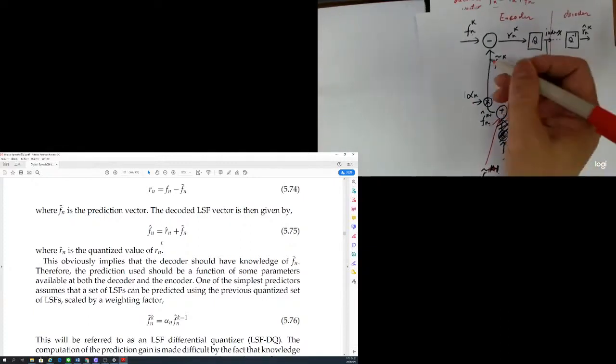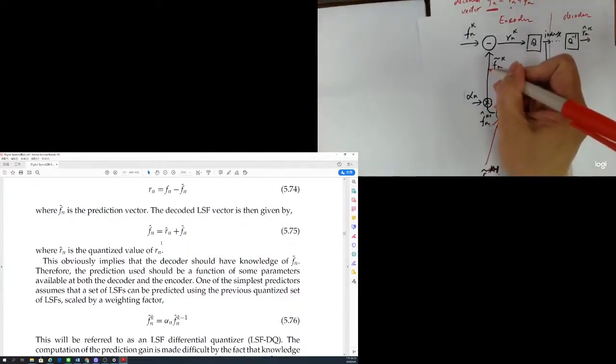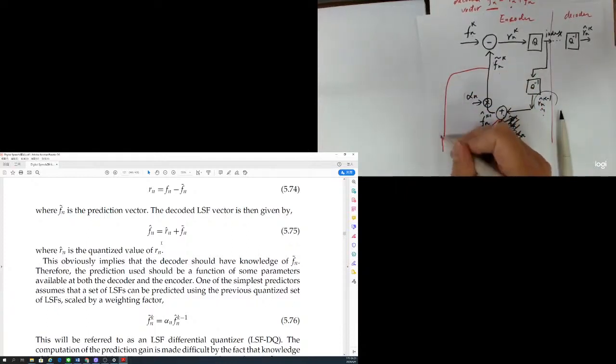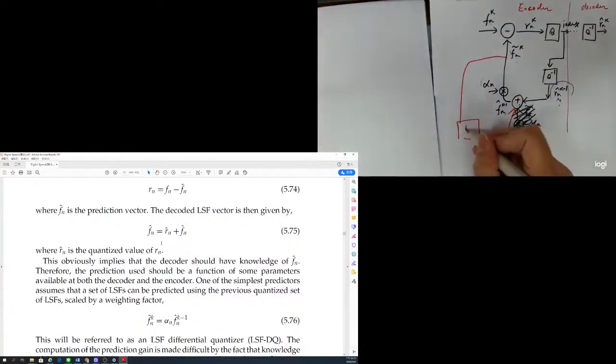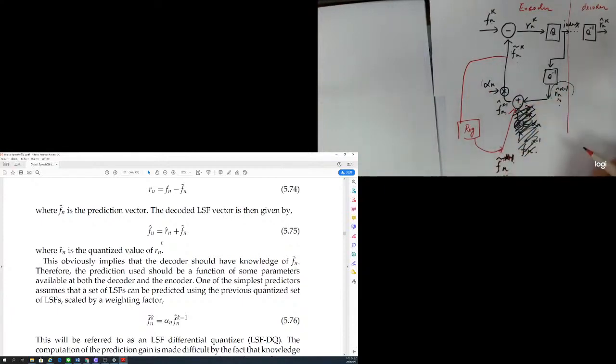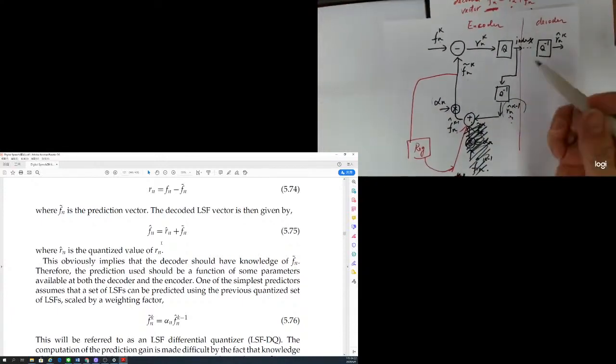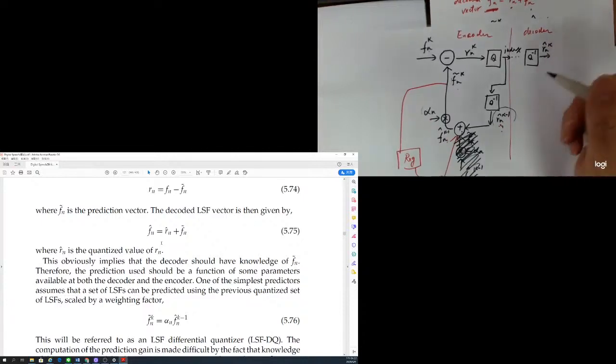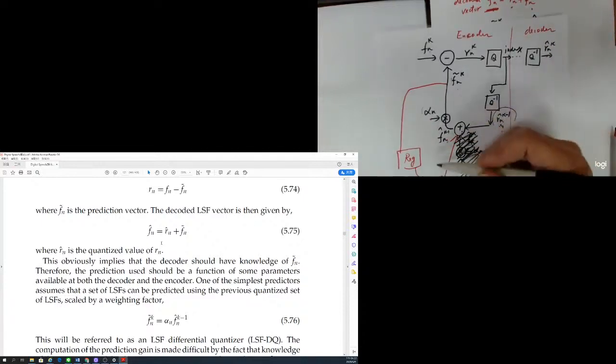This one will be stored for later. You have a register, so it comes back for the next step. So on the decoder side they have to do something similar.